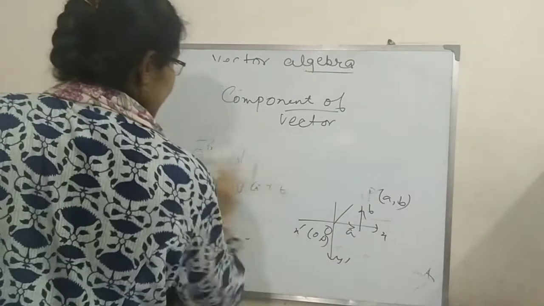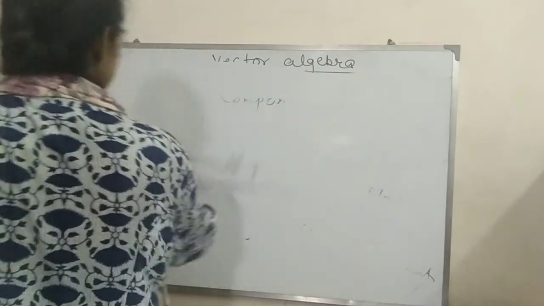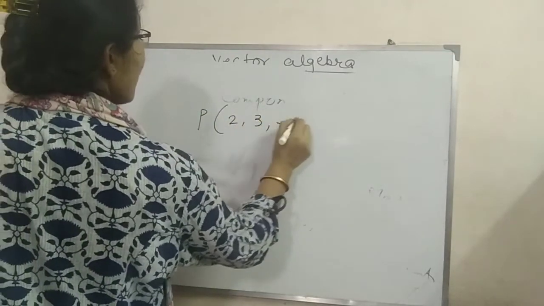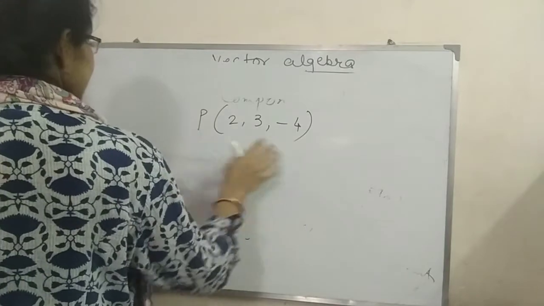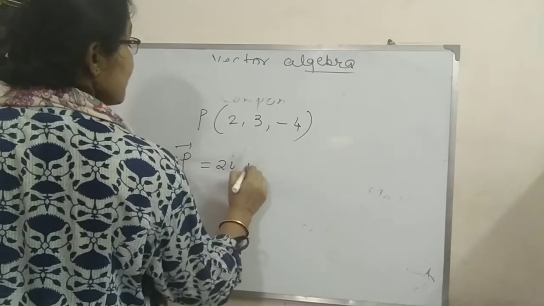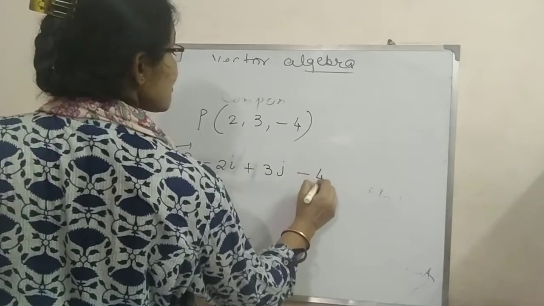For example, if I write P 2, 3, minus 4, it can be written in this way, OP equal to 2I plus 3J minus 4K.